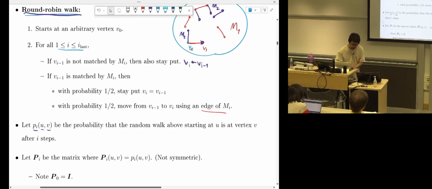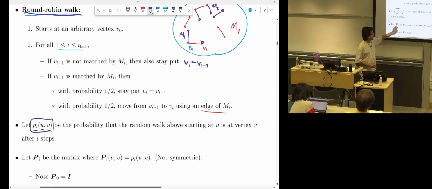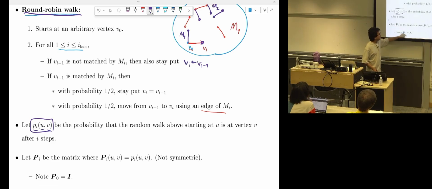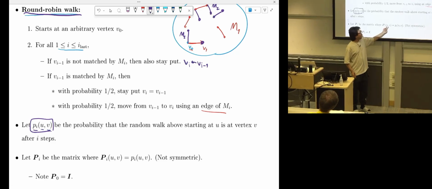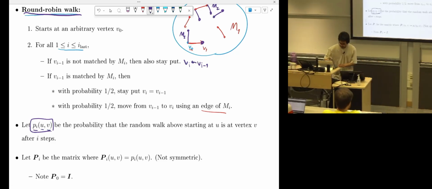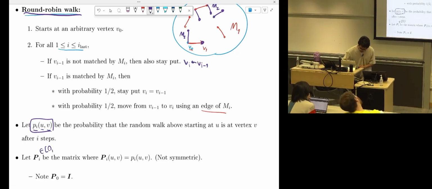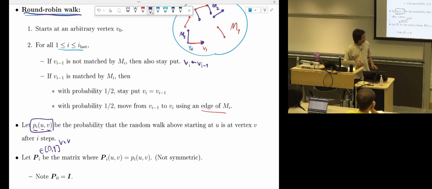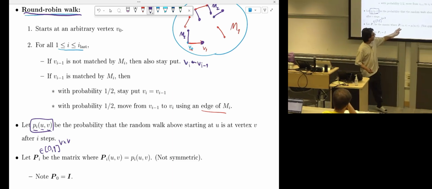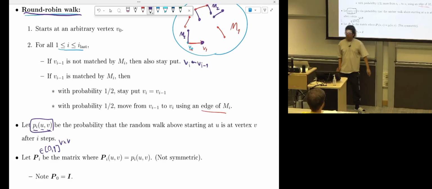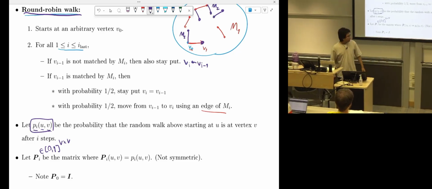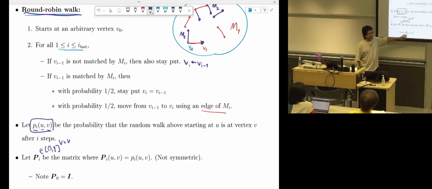Once you have this, you can define a matrix P_i, which collects all pairs. P_i is just a 0-1 matrix of size V times V, where the uv entry of P_i is just P_i(u,v). So what's P_i at time 0?